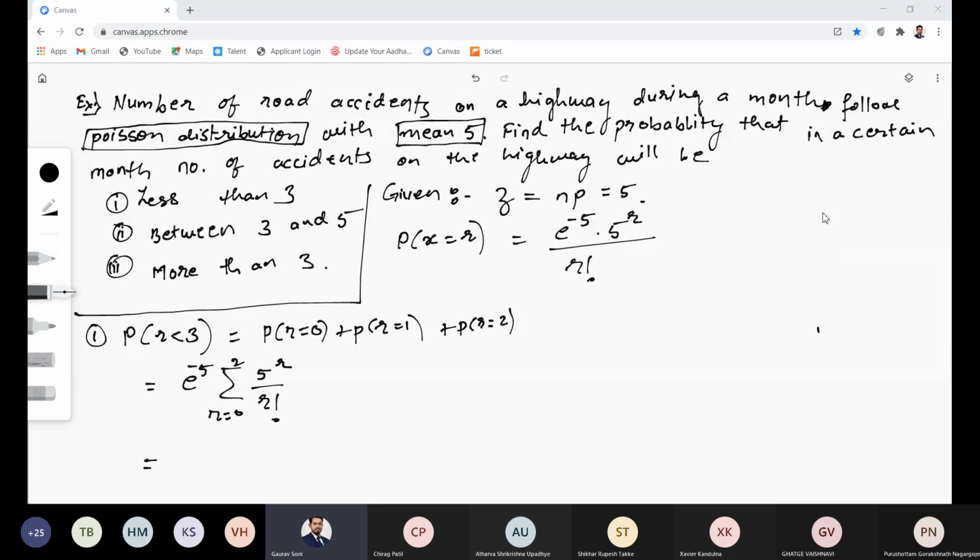Look, if you are not able to do that summation, you just find it for each and every one. So you can enter the function e to the power minus 5, 5 raised to r by r factorial. And then just like we did for the tables, calculate. You put the value of r equal to 0. So you should get 0.006738.